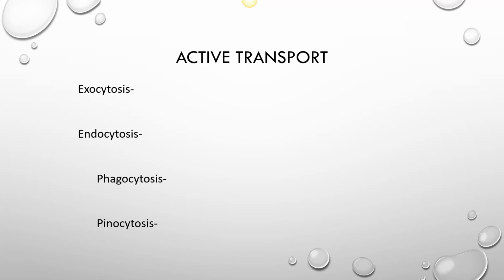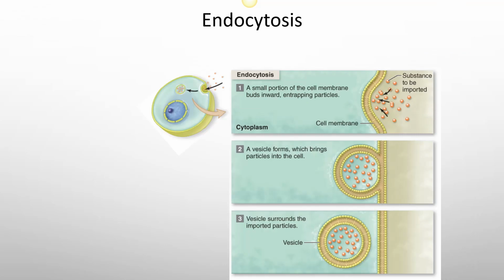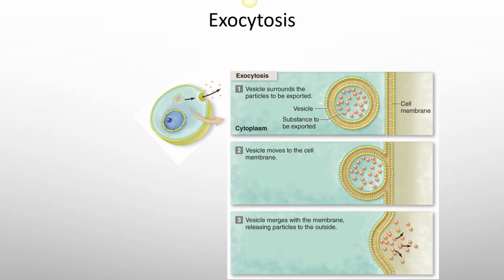Now, other types of active transport, these require energy, known as bulk transport, are listed here. Exocytosis is the movement of a large substance outside of the cell. So here's a picture of exocytosis.